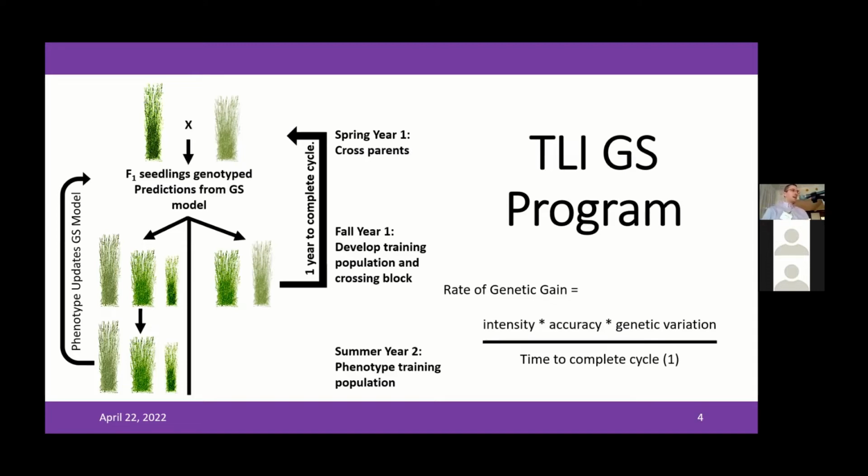So the way we keep our model updated is we take plants that weren't selected in the best 100 parents, put them in the field, and then in the subsequent year or 2 years, they can be phenotyped, and that phenotypic data is used to update the model. So our genomic selection model is actually 1 year behind our selected parents. Data coming in from cycle 11 will be used to select cycle 12 parents.